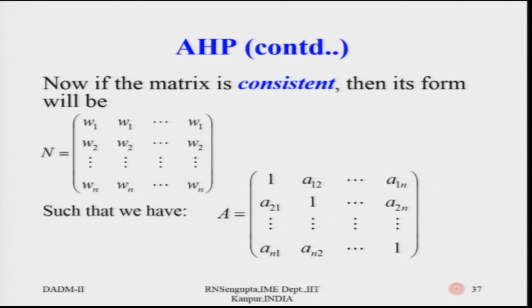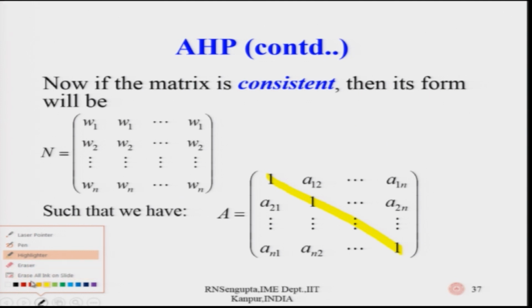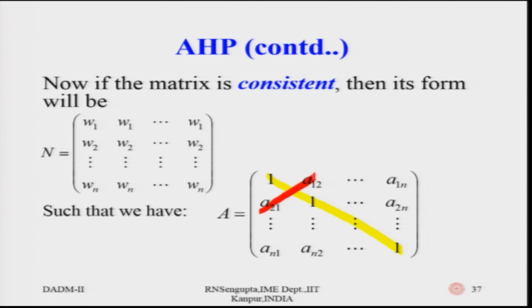For the priority matrix, as usual the principal diagonal is 1, and the off-diagonal elements are not symmetric. So, A21 is not equal to A12, because if A12 is 9, A21 will be 1 by 9, or if A21 is 7, A12 will be 1 by 7.